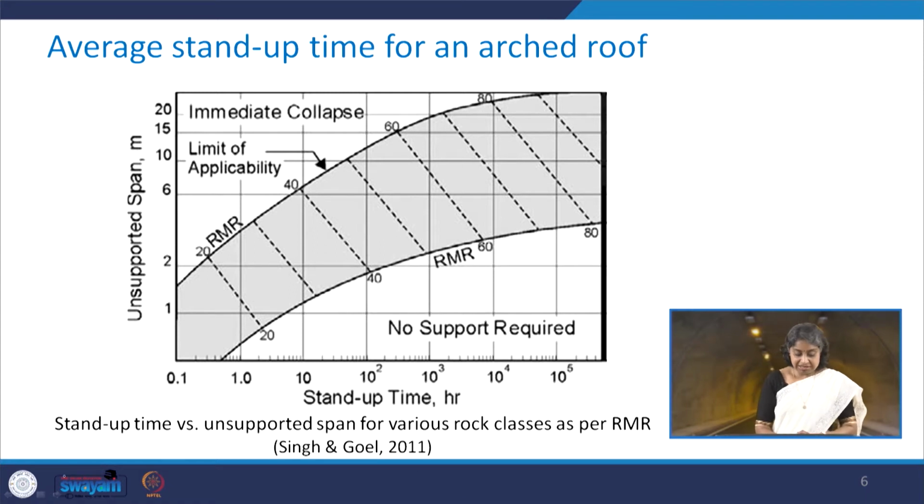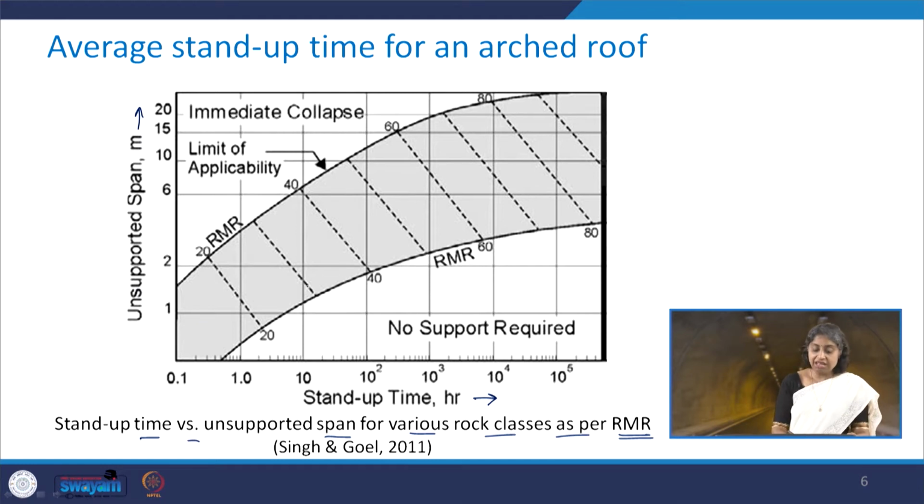Now various studies were conducted, and based upon that the stand up time versus unsupported span for various rock classes as per RMR was plotted. So here on the x axis you have the stand up time in hours, on the log scale, and on the y axis you have the unsupported span of the excavation, also on the log scale.